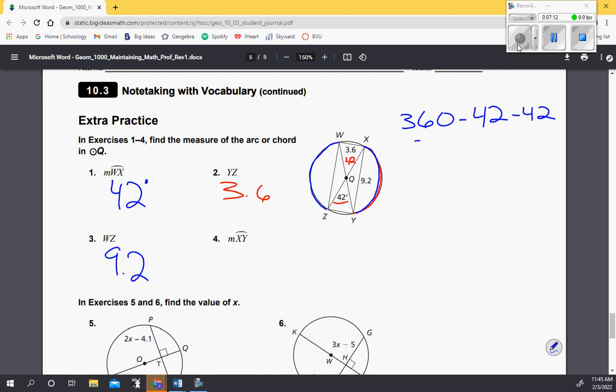So that's 360 minus 84, which if you did the math, it'd be 376. We're actually going to divide it by what we have left. We need to divide that by 2 equal parts because XY and WZ are the exact same. 376 divided by 2 is, let's see here, 188, I believe.